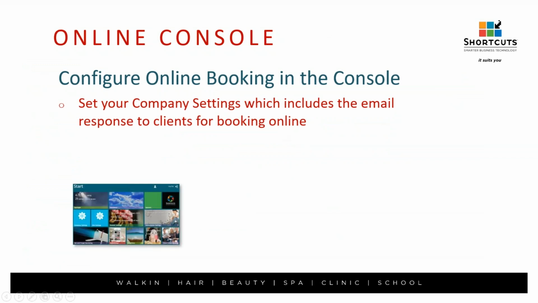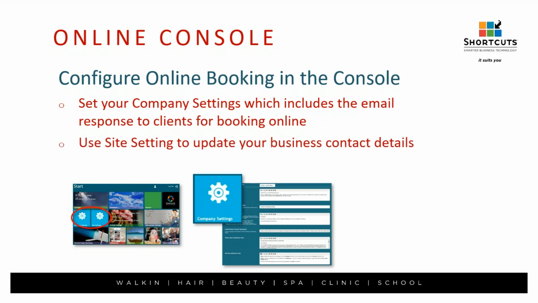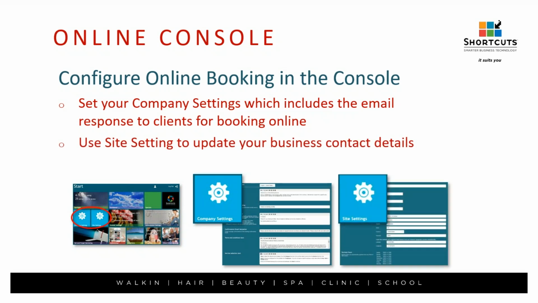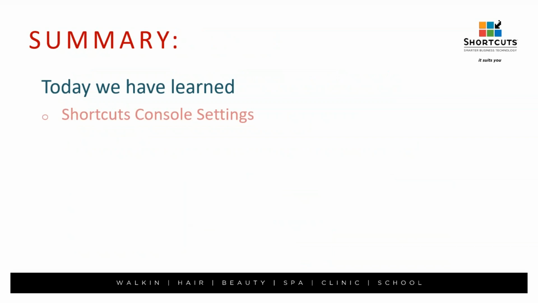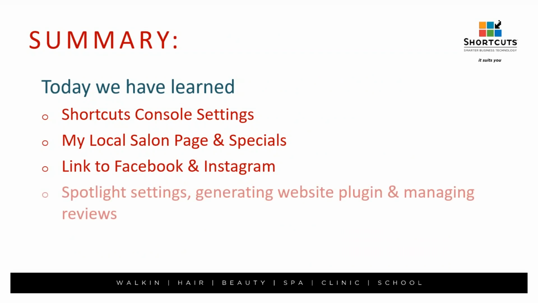So remember, you're going to set up your business hours, your service menu, your capabilities, your employee availability in Shortcuts first. Then you're going to go to the online console and set your rules and conditions for online booking. So in total, if you make these changes, it's just two sets of changes, your server changes and your online console changes.